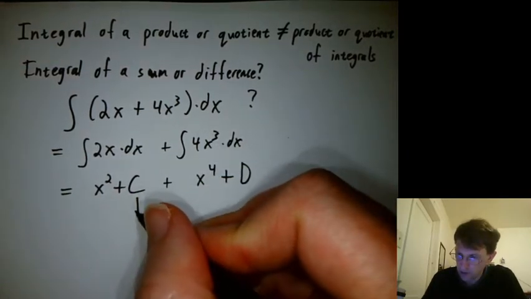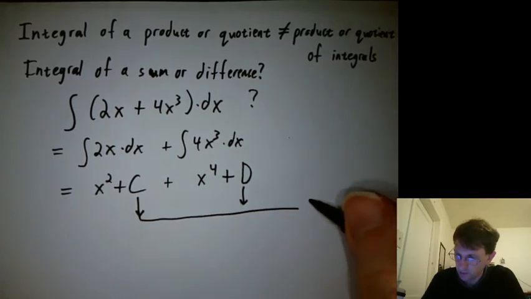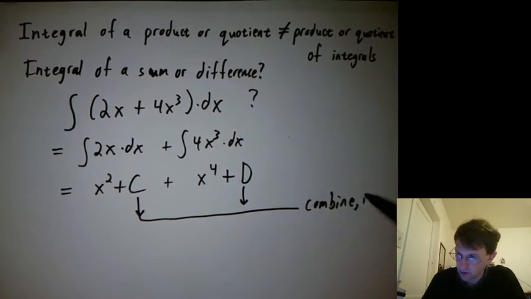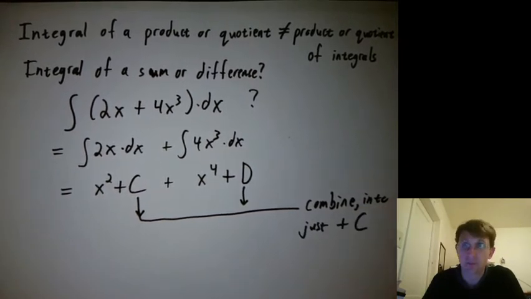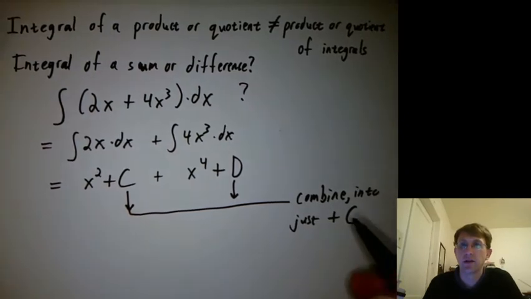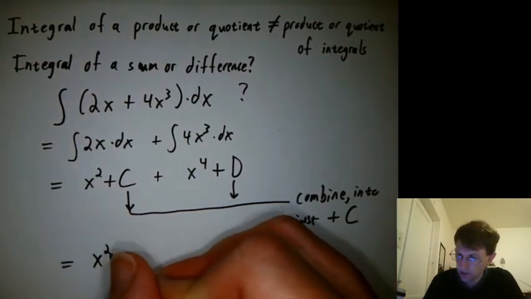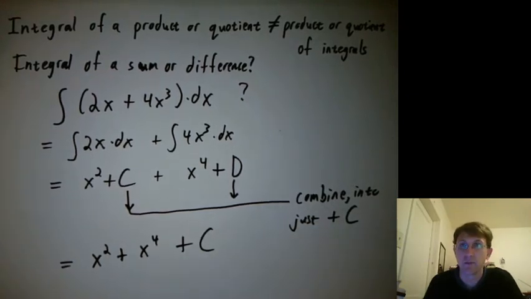So what we usually do in a case like this is combine them into just a plus c, unless you have a strong reason to use some other letter. So we would actually just write x squared plus x to the fourth plus c.